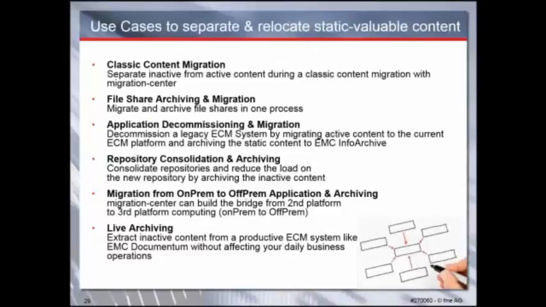So here are just some use cases summarizing a lot of what I've already mentioned, but sort of recapping a little bit. So here we have classic content migration, where we separate the inactive from active content during that migration process with Migration Center. File share: you may have terabytes of content sitting on network shares that you want to put context to, that you want to preserve, but you don't want to keep maintaining out there on the network.